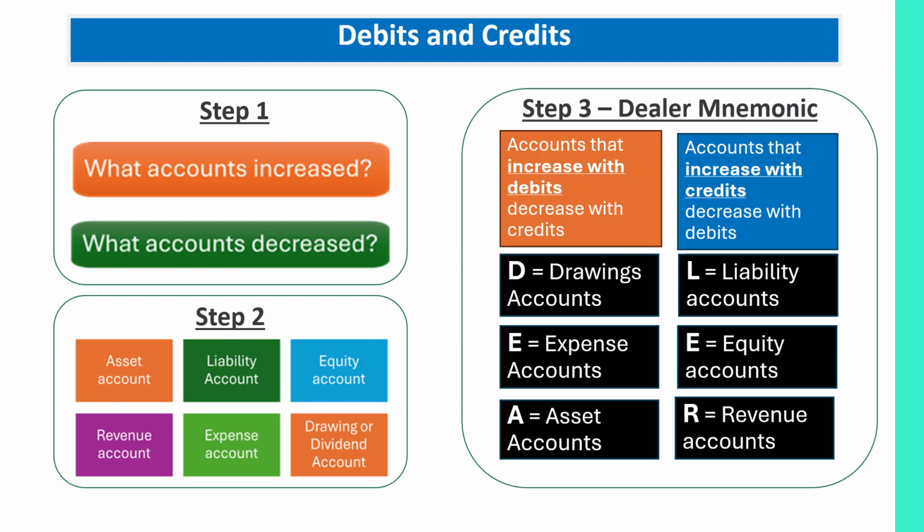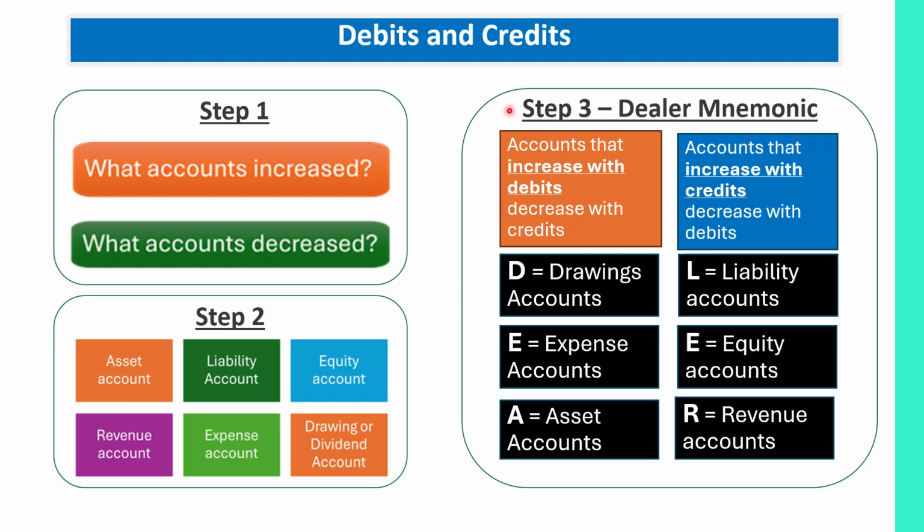As you learn about debits and credits, it's important to follow a systematic approach to identify which accounts increased or decreased and what account to debit or credit. I recommend that you follow this approach where in step 1, you identify what accounts increased or decreased, followed by step 2, where you classify the accounts that you identified in step 1 by account type.